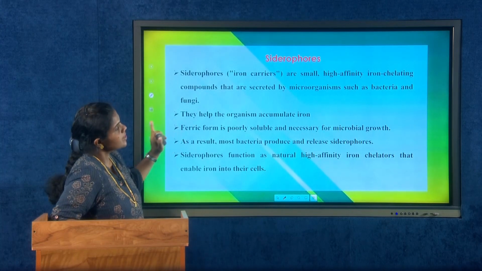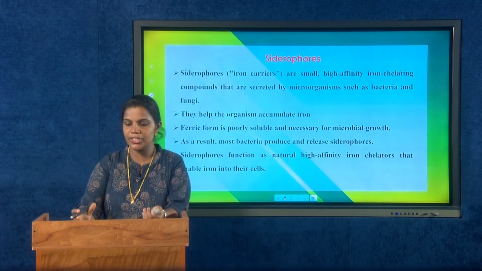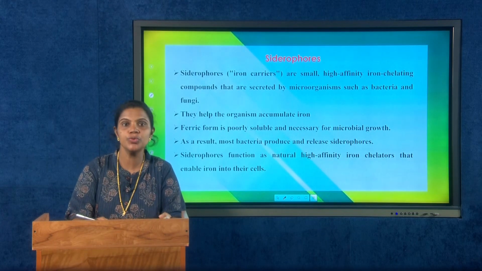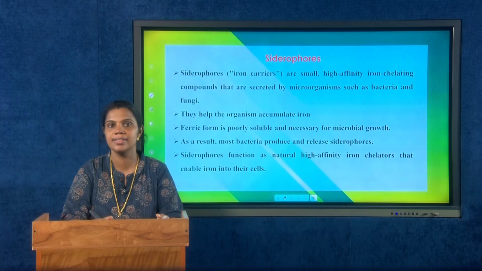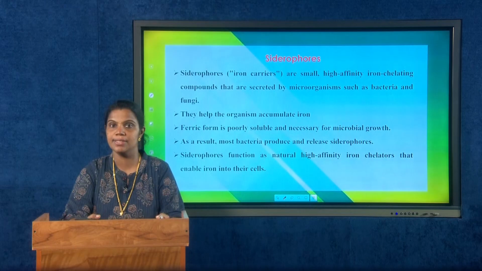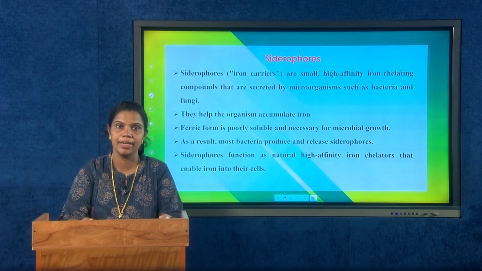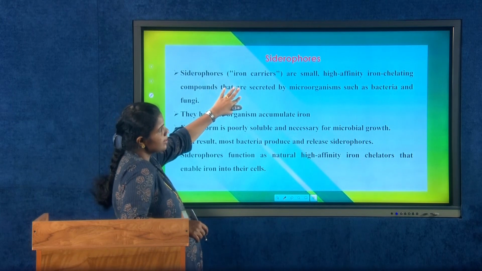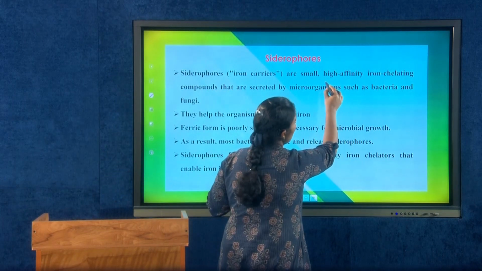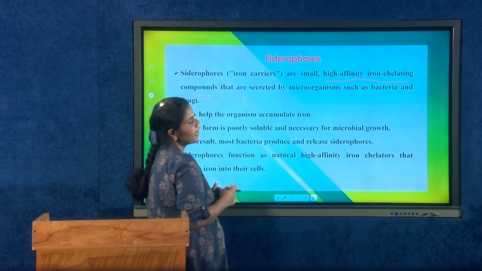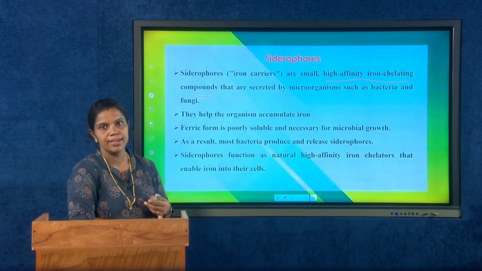Now, we will see the next category of iron storage, that is, siderophores as iron carriers. These are mainly found in lower organisms like bacteria and fungi. Siderophores are iron carriers, small, high affinity iron chelating compounds that are secreted by the microorganisms.